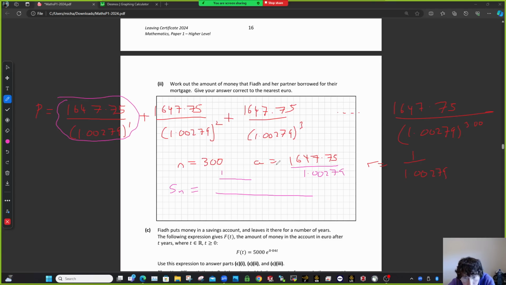Okay, so I'm subbing in my a here, 1647.75 over 1.00279, bracket 1 minus r, 1 over 1.00279, to the power of 300, like that, and then it's over 1 minus r, which is 1 minus 1 over 1.00279.